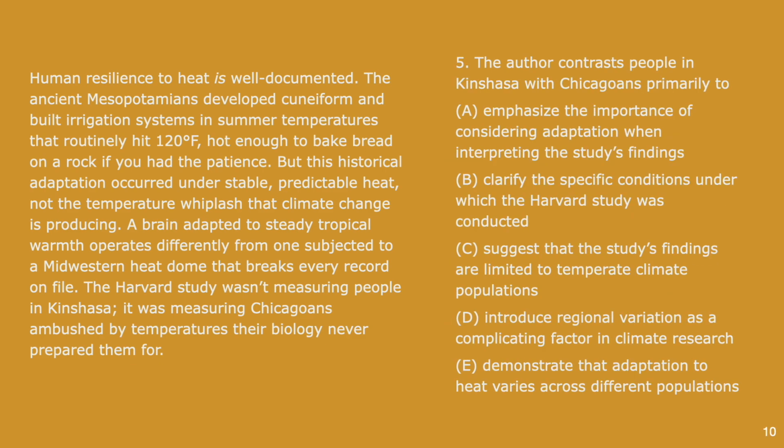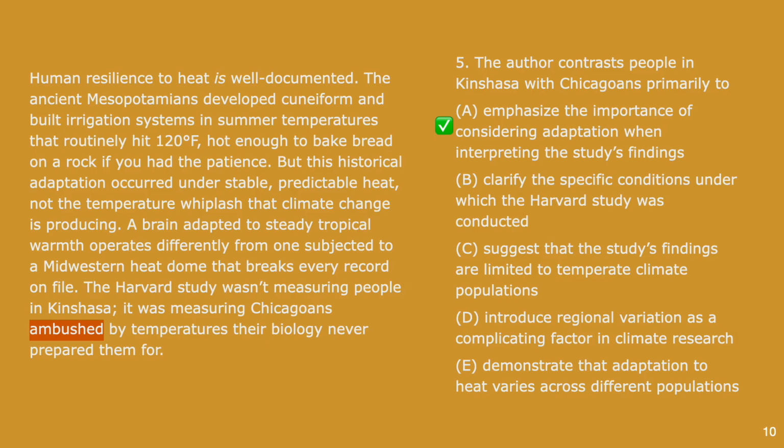Let's practice another common type of MCQs, contrast. Pause the video if you need to. The correct answer is A. Emphasize the importance of considering adaptation when interpreting the study's findings. The keyword is "ambushed."